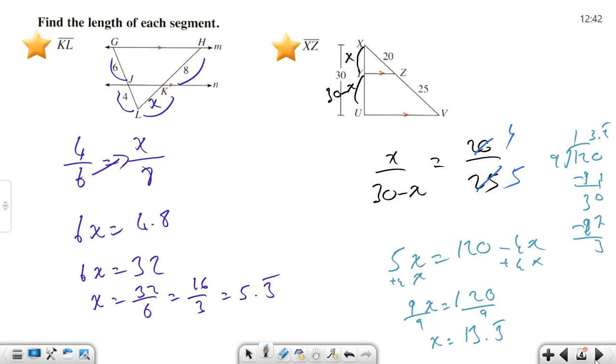So X equals 13.3 and repeating. Of course, 120 divided by 9, if the answer is a fraction, it will be in simplest form. That becomes 40 over 3. That's the same, 13.3 repeating.